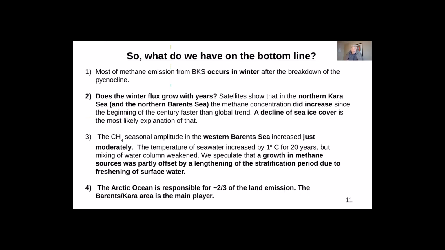And the Barents-Kara Sea is the main player, and the impact of this methane increase, high methane, should be taken into account in the models for warming of the Arctic, especially around Svalbard. Thank you very much.